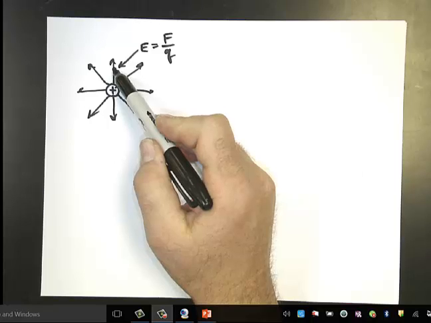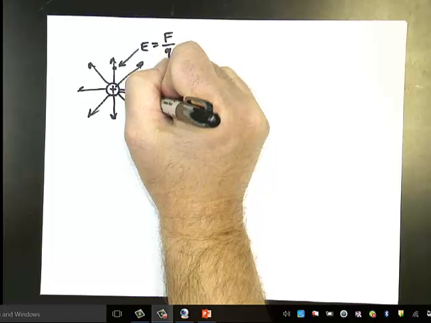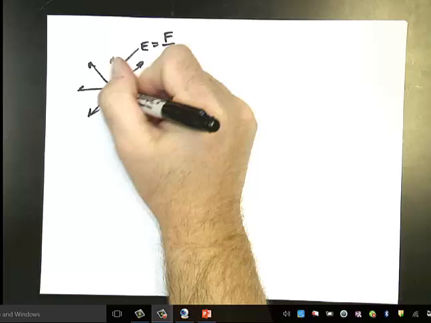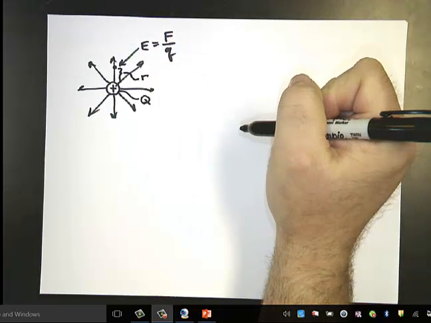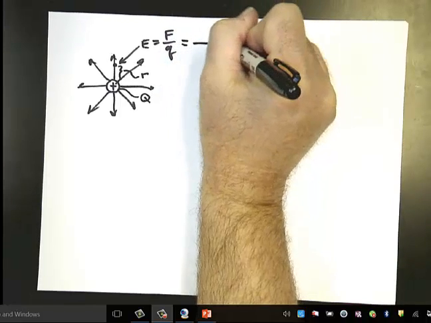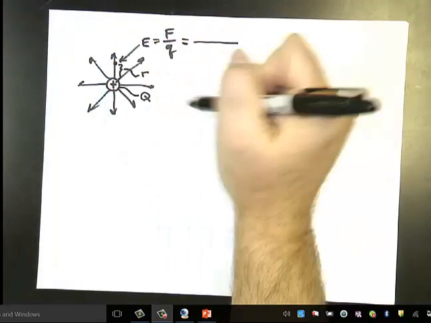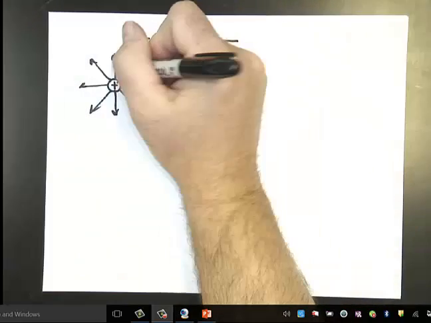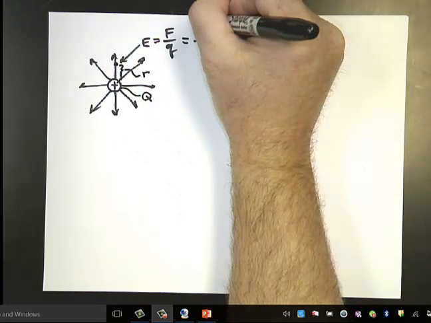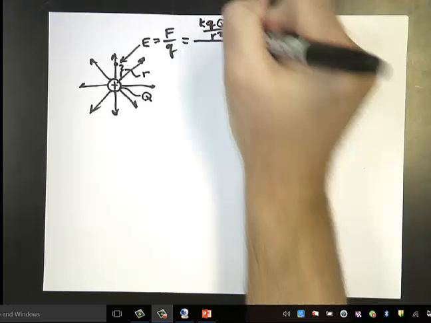Without knowing the magnitude of the test charge, just knowing how big this guy is, let's say we call him Q, and knowing the distance between Q and the point where I want to find the electric field, I'm going to have to do a little bit more work. If the test charge, baby q, is located right there, then the force between him and this big charge here is going to be k little q big Q over r squared.